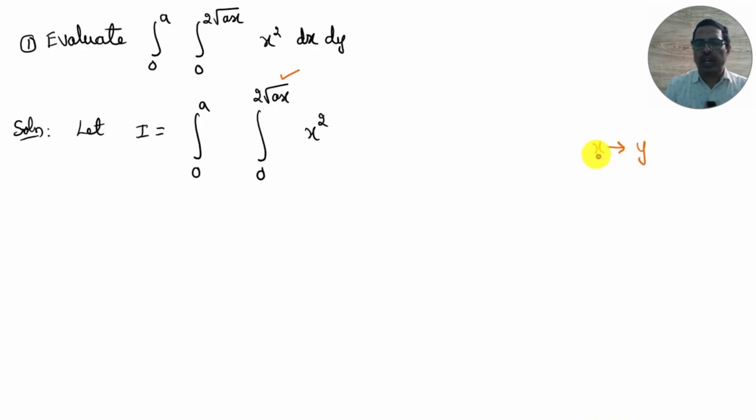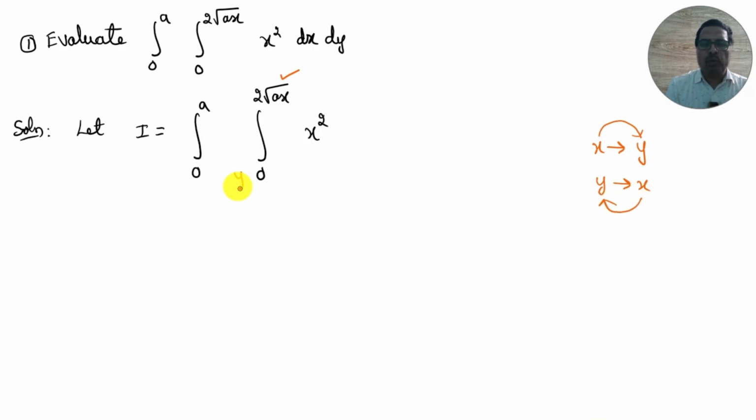If the limit is for x, then this x should be in terms of y. If the limit value is y, y should be in terms of x. So if this is x, then it cannot be in terms of x only. Therefore, x has to be expressed in terms of y.